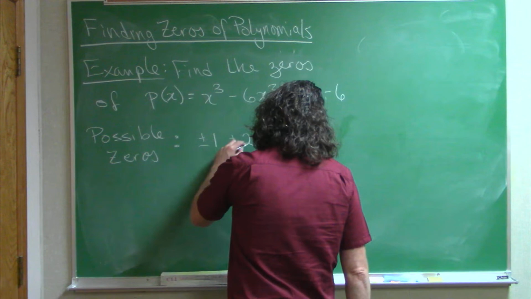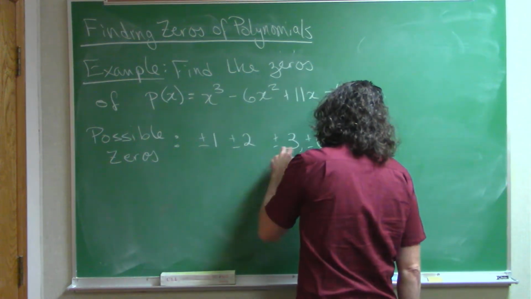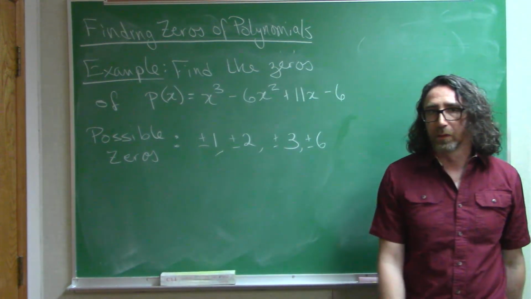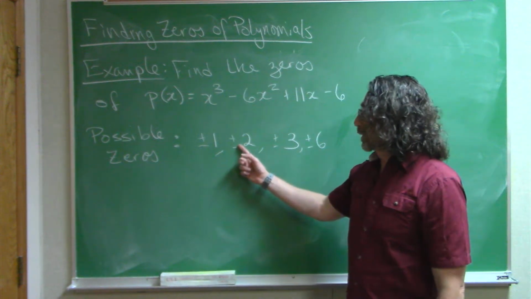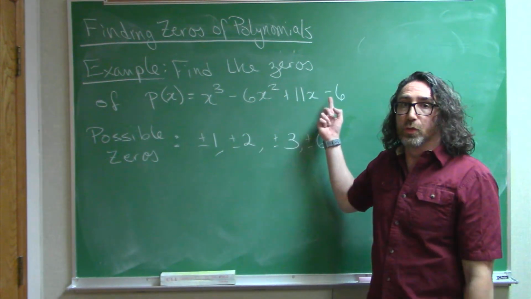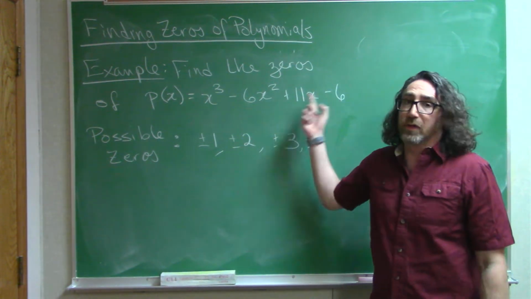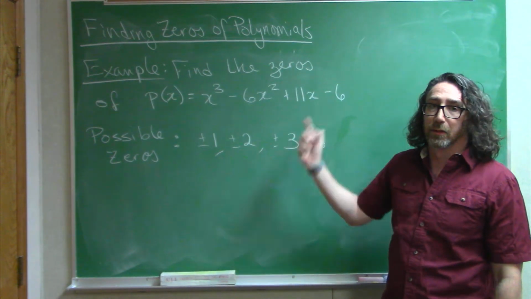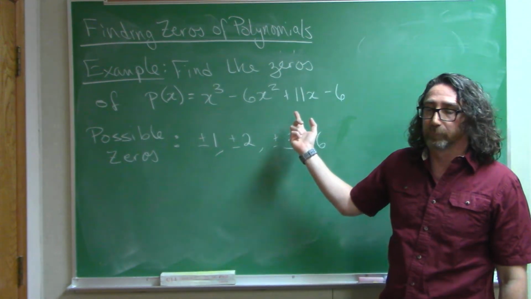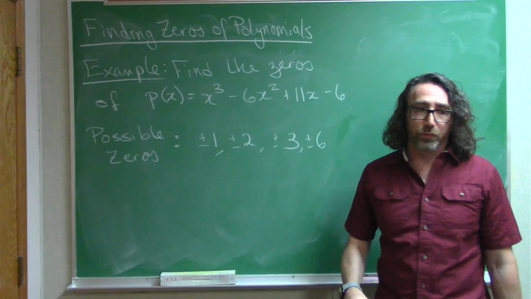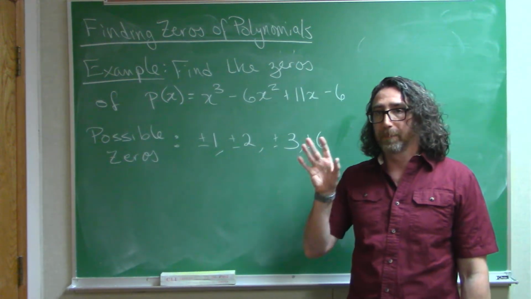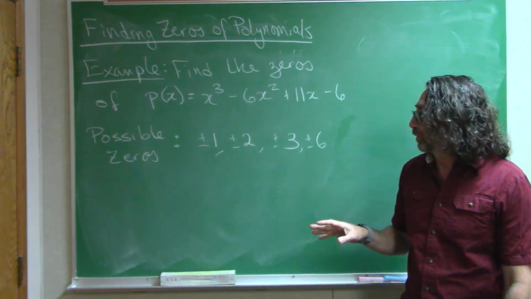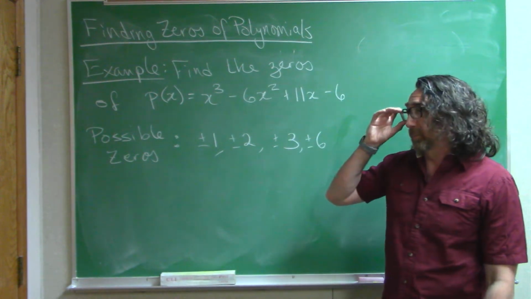I should account for positive as well as negative. In other words, positive 2 divides into this evenly, but so does negative 2. Either sign will work.